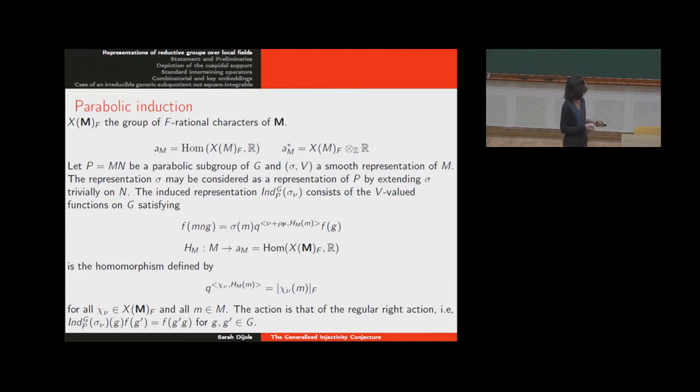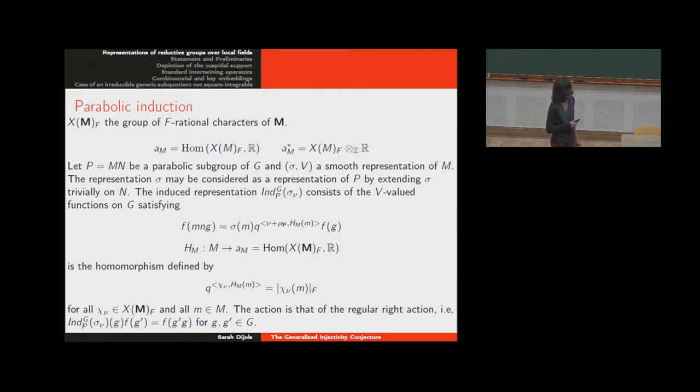over local fields. So first, you define this space of functions, invariant, not completely, I mean, they are invariant up to this sigma_m action on the group G, and you have a regular right action of this induced representation on this space of functions. So this defines the space of induced representations of sigma_nu, where nu is a parameter in this vector space.